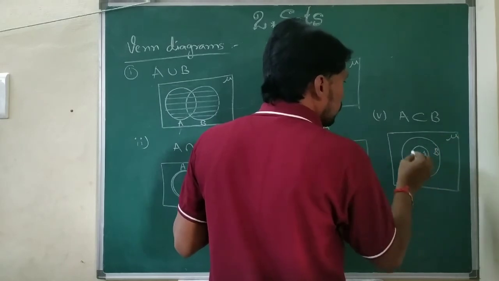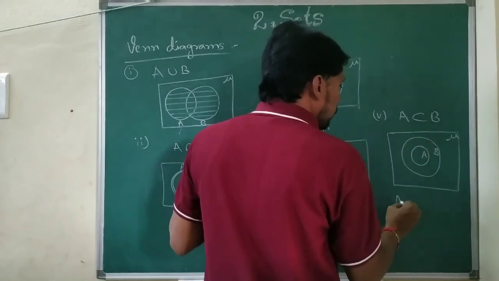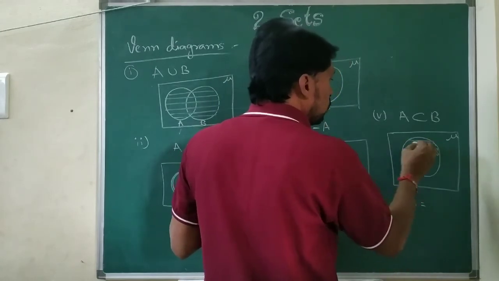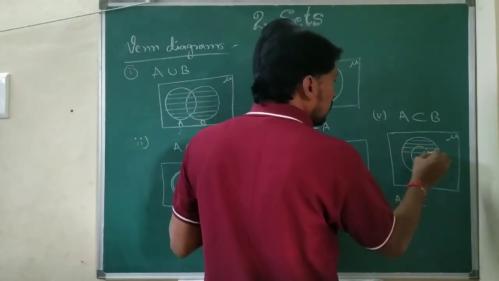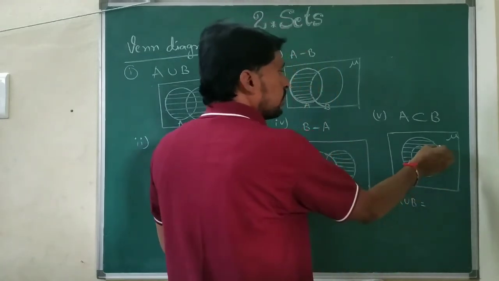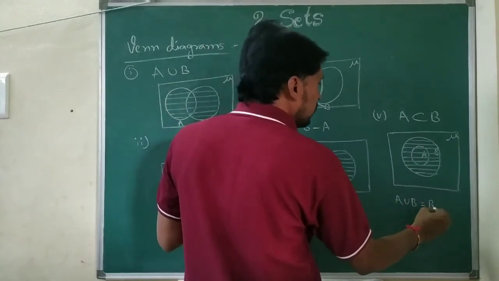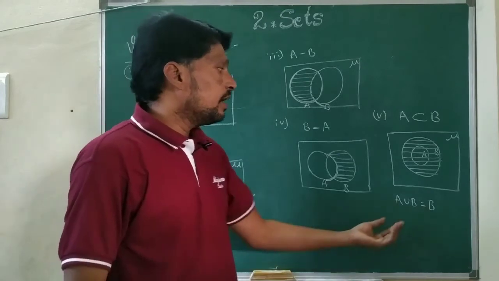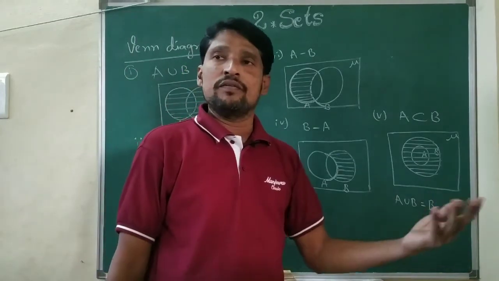For example, A union B means we need to take the total. What are the elements in sets A and B? Both together, we are getting the B set only. A union B equals B only.